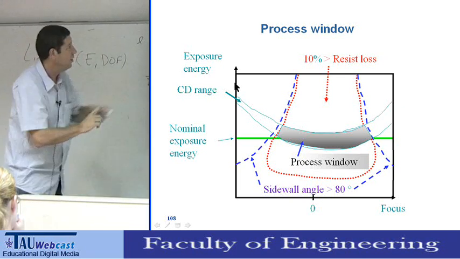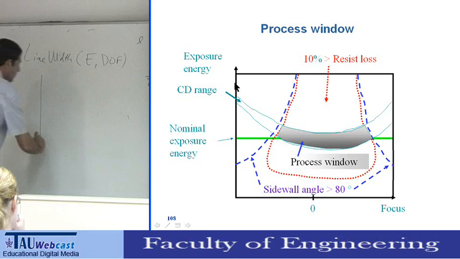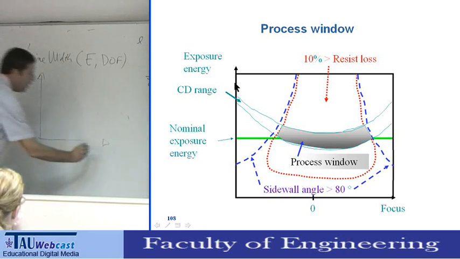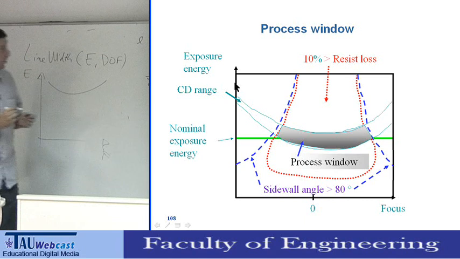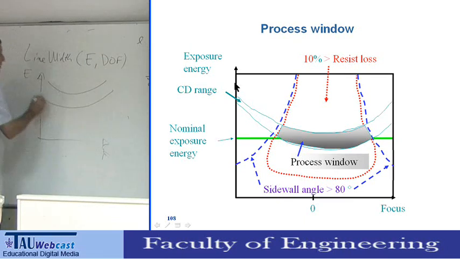So in this plot, for every energy and for every focus, there is one line width. So I can connect all the line widths which are the same. And this is one contour in this plot. So this is one line width, this is the second line width.